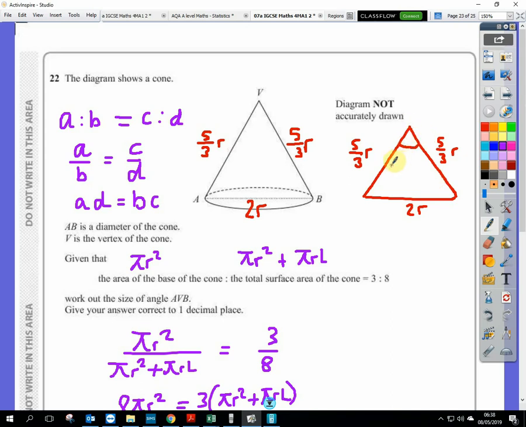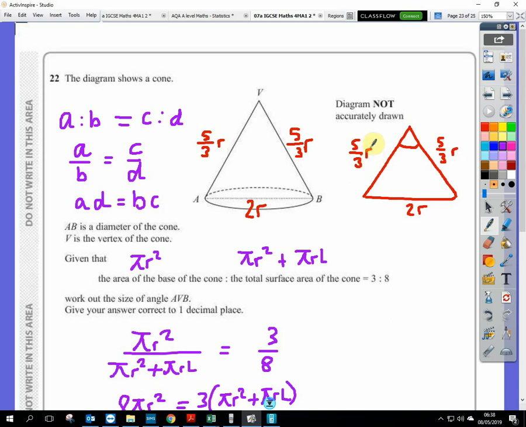If you allow R to be equal to 1, then this side will be 5/3 times 1, which is 5/3, and the base will be 2. But if you say that R is 2, then the lengths are twice as long as they would be in the previous example, but the angles remain the same. So it doesn't really matter what value you set as R.